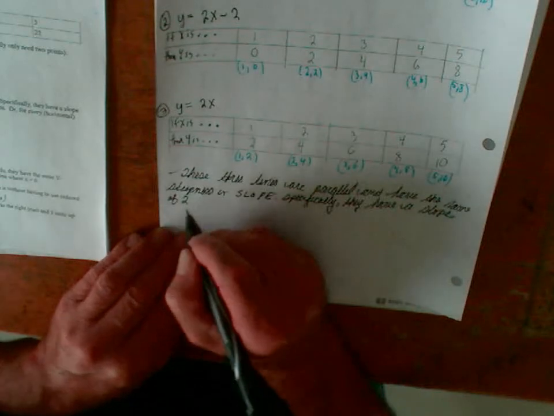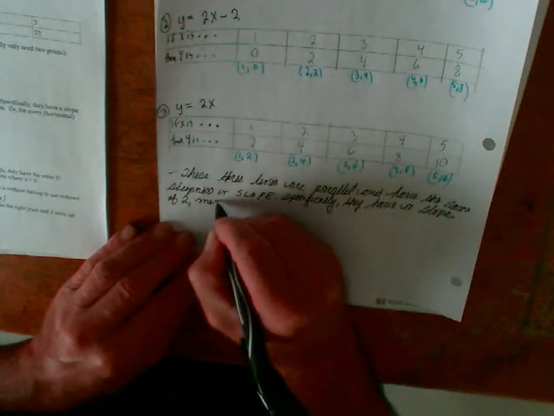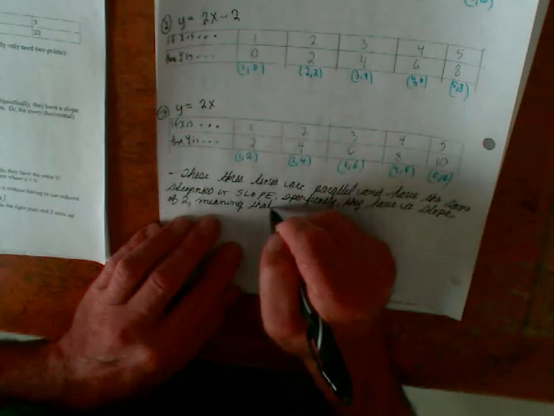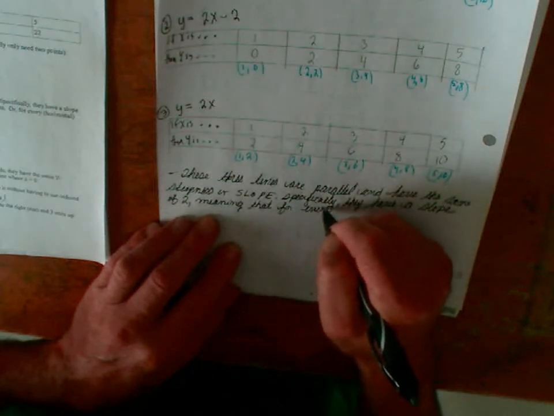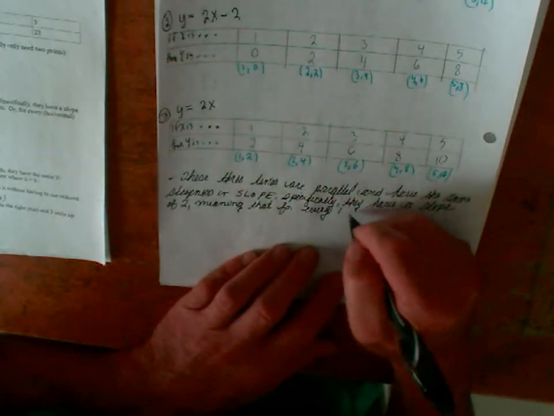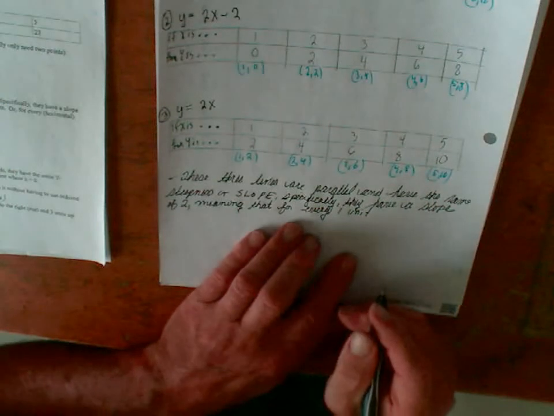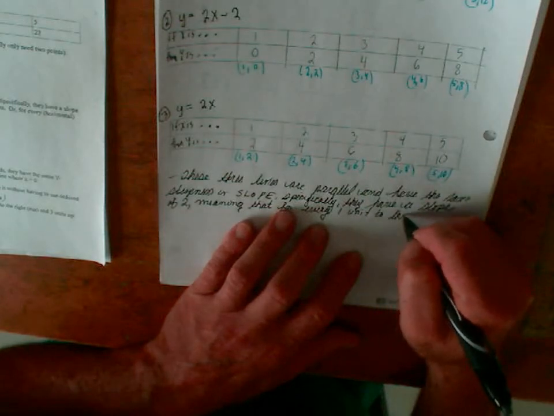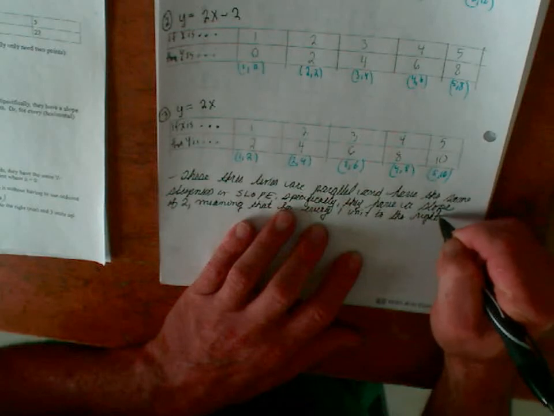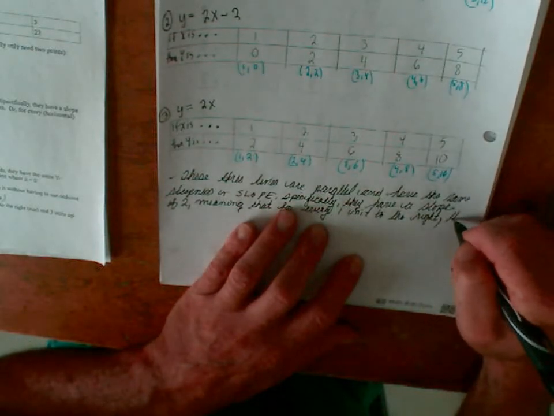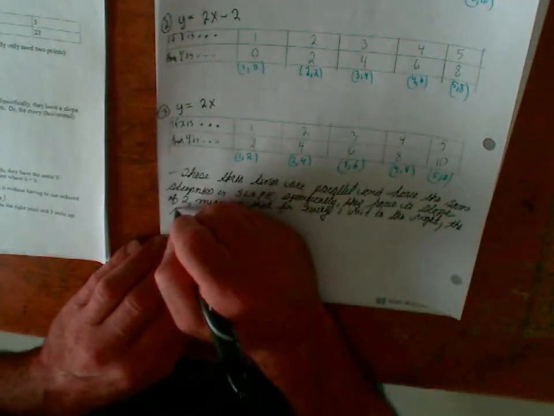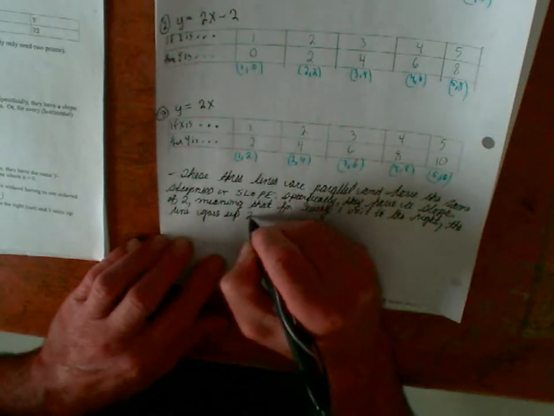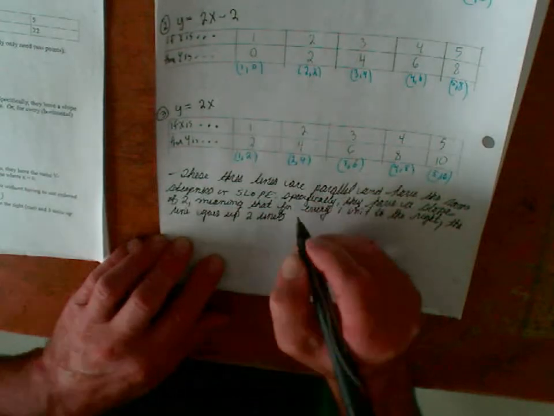So they have a slope of 2, comma, meaning that for every 1 unit, 1 square if you like on our graph paper, to the right, comma, the line goes up 2 units.